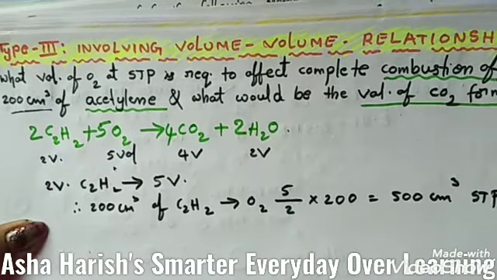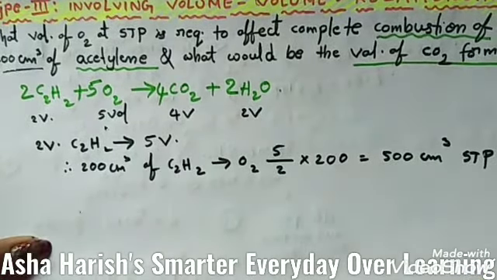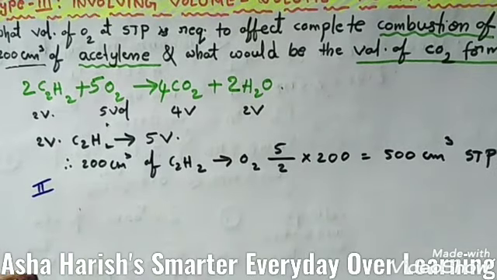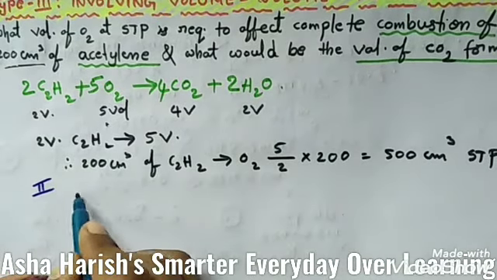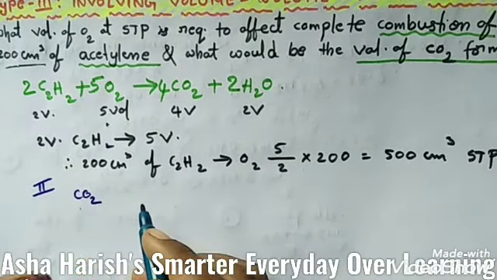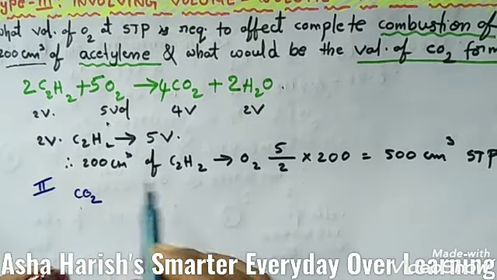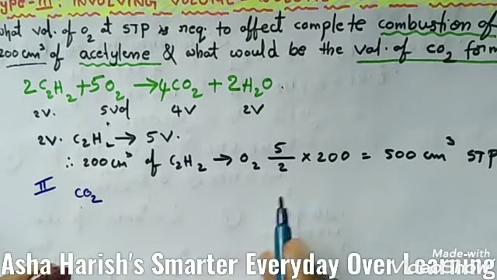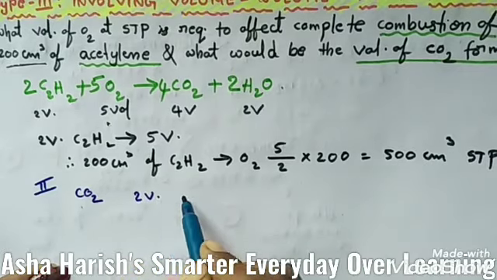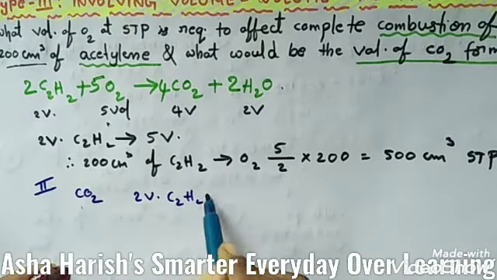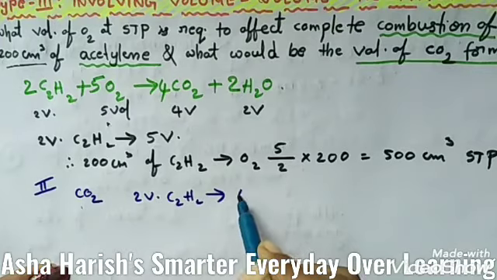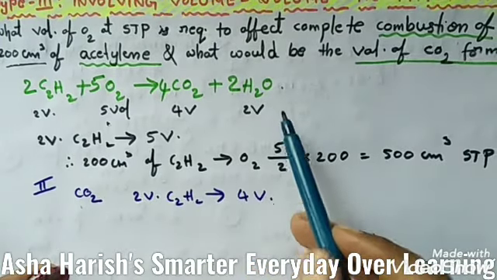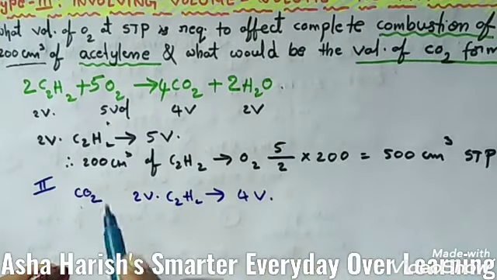This is step 1. In step 2, to calculate the volume of CO2 produced at STP. For this also you have to apply Gay-Lussac's law of gaseous volumes. 2 volumes of acetylene, C2H2, produce CO2 is 4 volumes. According to that chemical equation, you can write that.